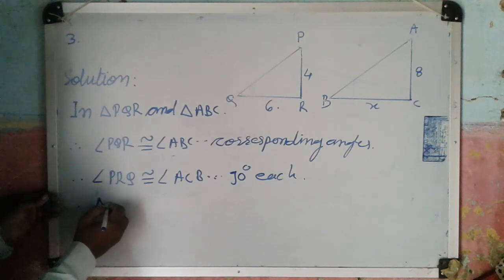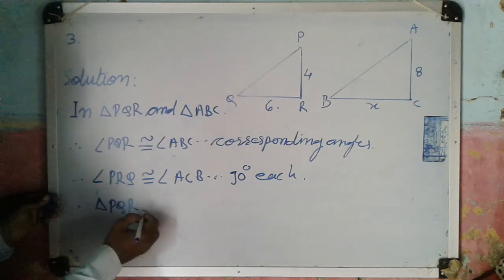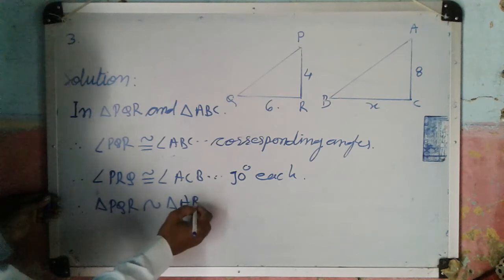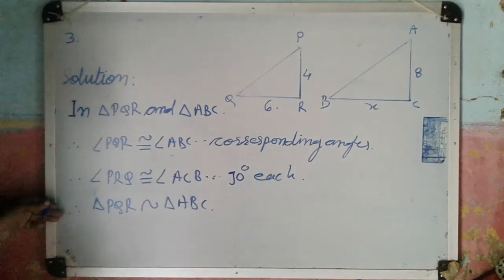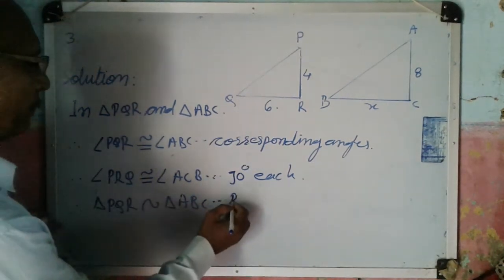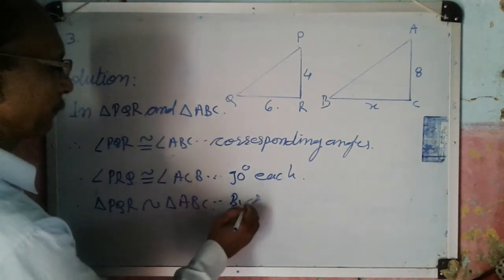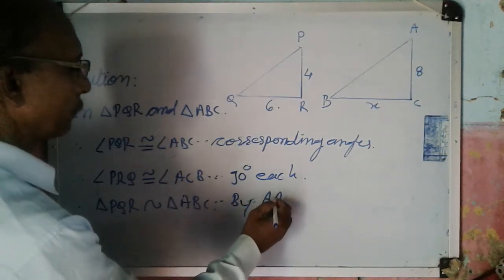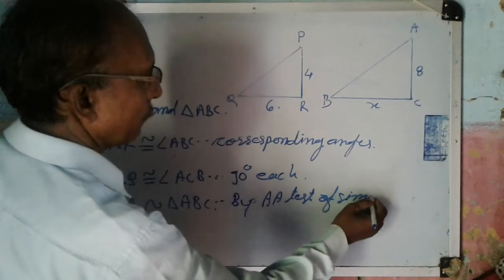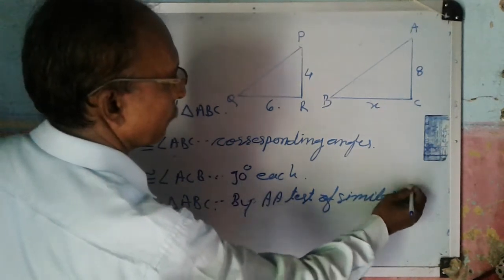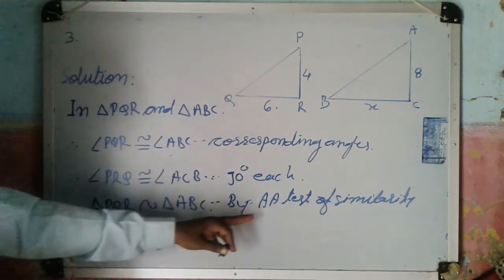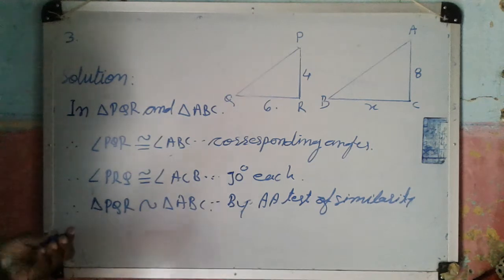Therefore triangle PQR is similar to triangle ABC by the AA test of similarity.